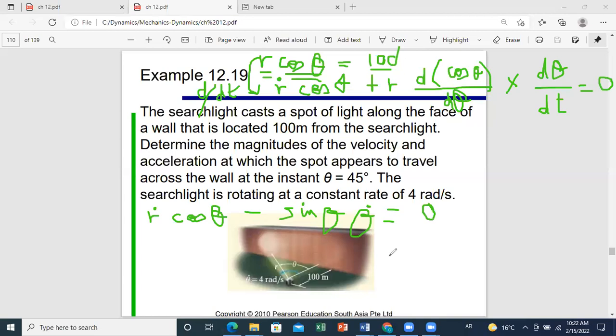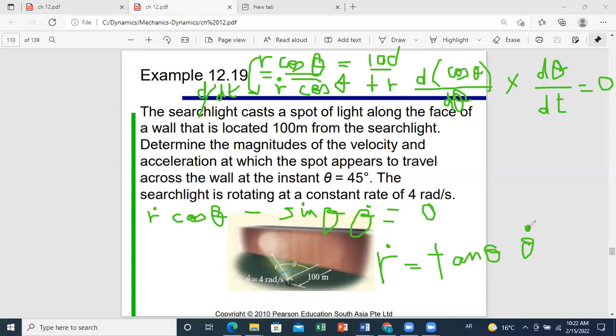Now we have the expression of r dot. R dot is tan of theta times theta dot. And since theta dot is a constant, you can directly replace theta dot by 4. Okay, so it's tan theta times theta dot. And in this way, you are able to find the expression of your r dot.